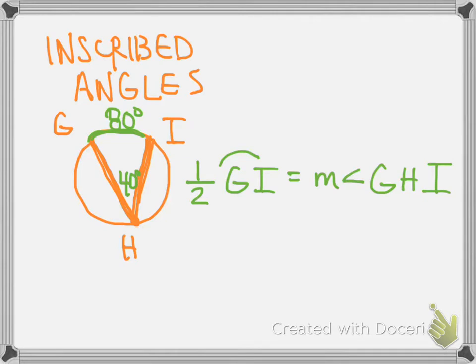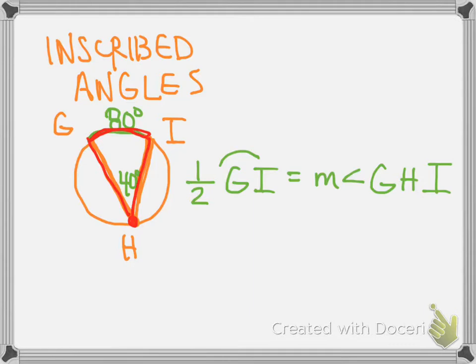The next kind of angles we're going to talk about are inscribed angles. This time, the vertex, this guy H is the vertex, is touching the circle. So if the vertex is touching the circle, however big the angle is, the arc, 80 is the arc, is twice as much.